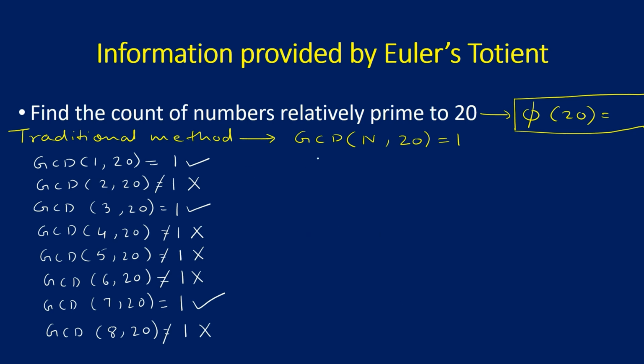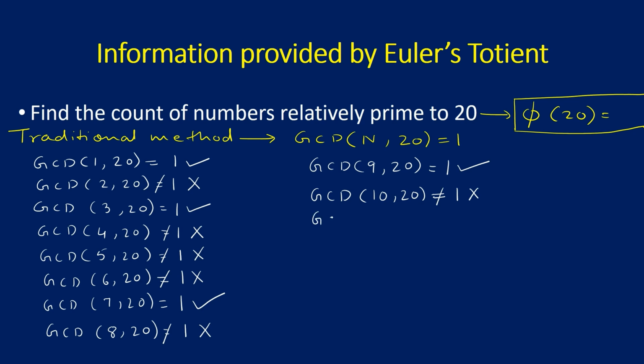Now, what about GCD between 9 and 20? 9 and 20 share only one common divisor, that is 1. There is no other common divisor for 9 and 20, and hence 9 and 20 are co-prime. What about greatest common divisor between 10 and 20? 10 and 20 have many common divisors other than 1. So the greatest common divisor is not 1, and hence 10 and 20 are not co-prime.